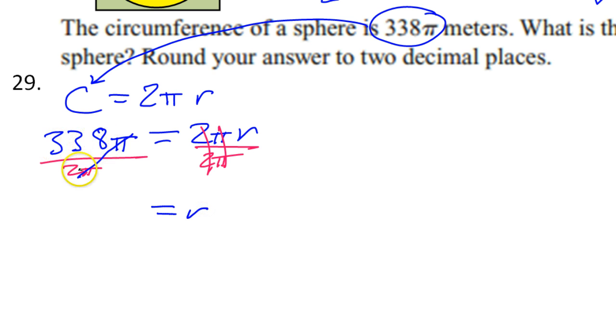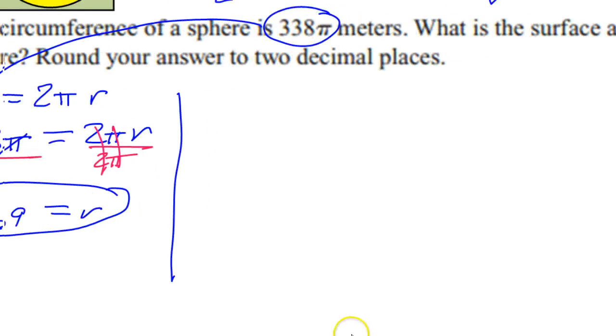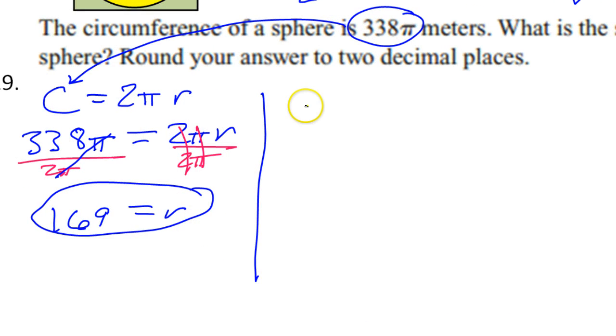So what's 338 divided by 2? 169. So that's the radius. Now the radius isn't what they asked us for, but once we have the radius, we can find anything we want. So great. So what did they actually ask us to find? Surface area.